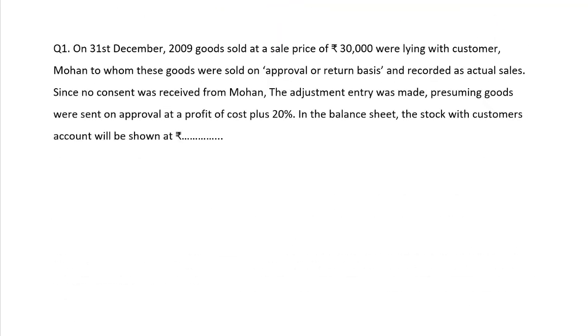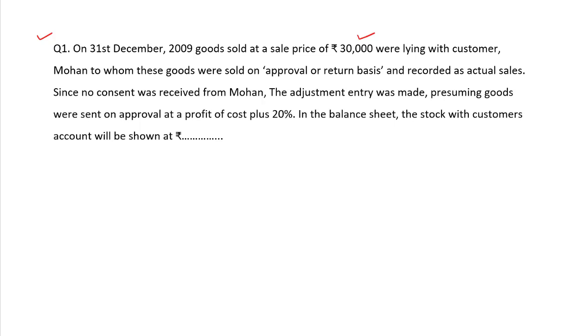Question 1. On 31st December 2009, goods sold at a sale price of 30,000 were lying with customer Mohan, to whom these goods were sold on approval or return basis and recorded as actual sales. So it is recorded as actual sales. That means this is a casual transaction. Goods sent on approval or return basis casually.